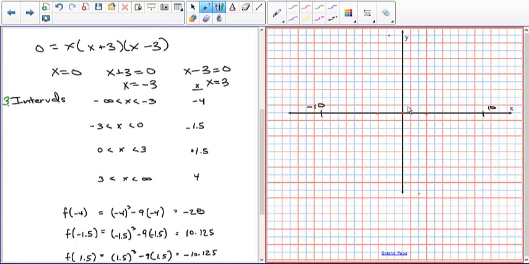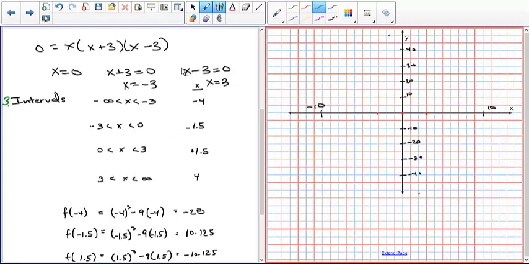So I'll say every 2 marks is 10. This is positive 10. Go 2 more, that's 20. 2 more, that's 30. 2 more, that's 40. Do the same thing in the other direction: negative 10, negative 20, negative 30, negative 40. Okay, so that's my scale.